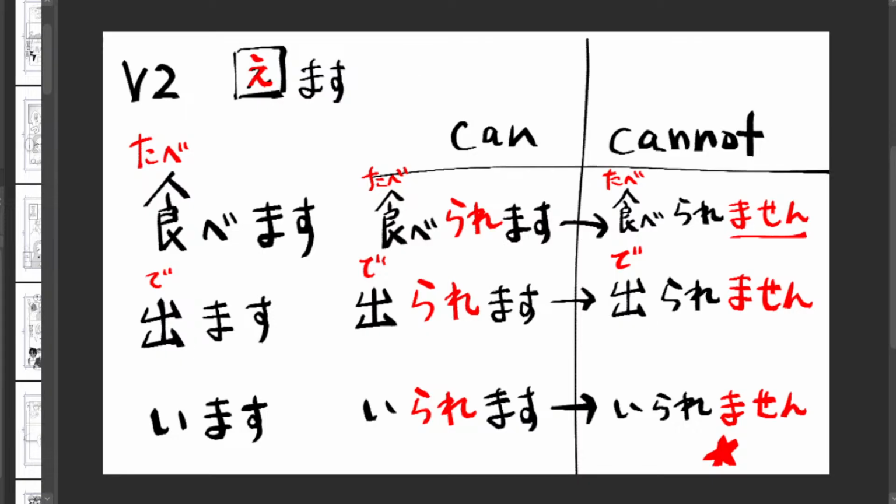So the last one is V3. And we only have two verbs in V3.